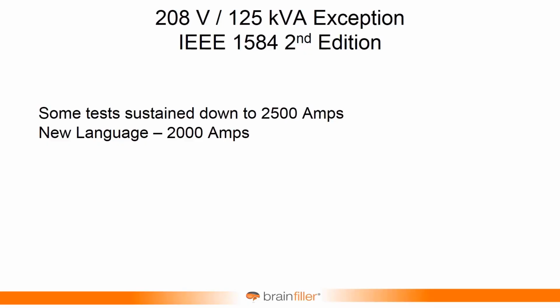There was a lot more research with the barrier tests and with lower currents and lower voltages. And what we found was that the 125 kVA exception, it's not really an exception, but that's how people refer to it, is a little bit optimistic. After extensive testing for the next edition of IEEE 1584, the new language simply states that sustainable arcs are possible, but are less likely in three-phase systems operating at 240 volts nominal or less with an available short circuit current below 2,000 amps.